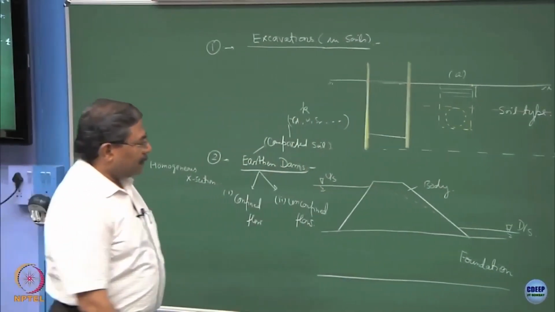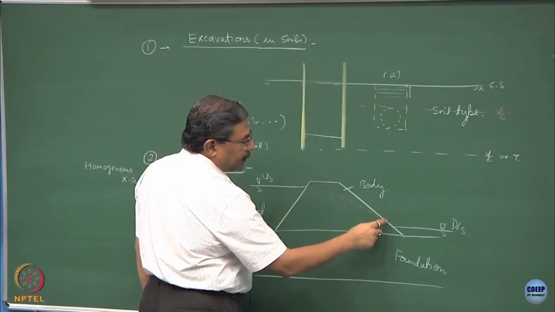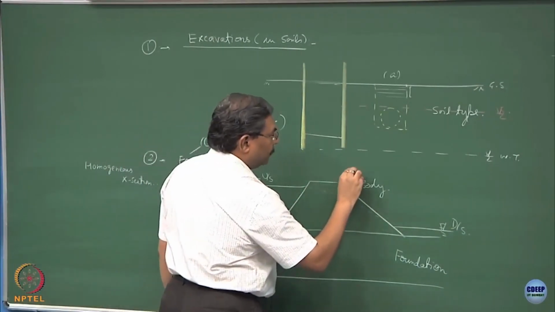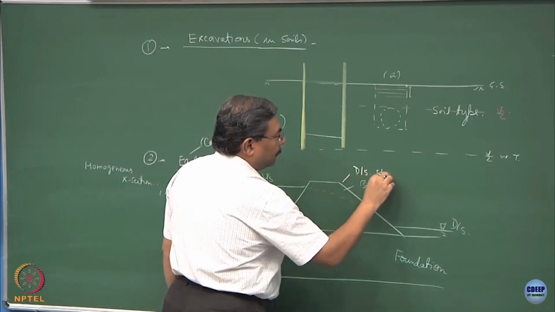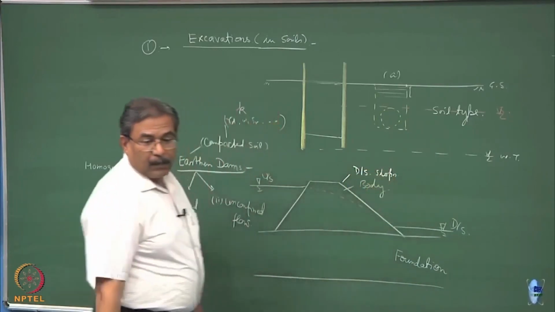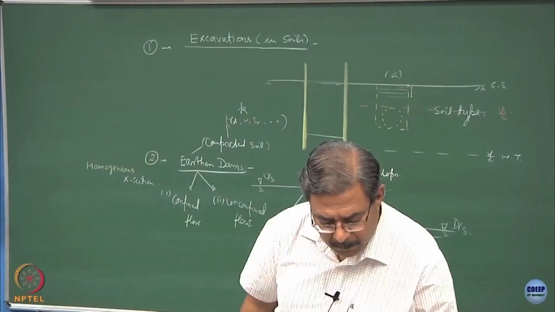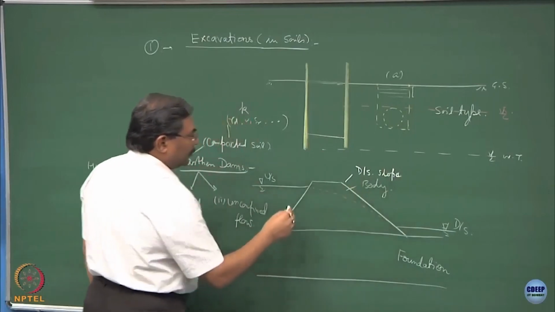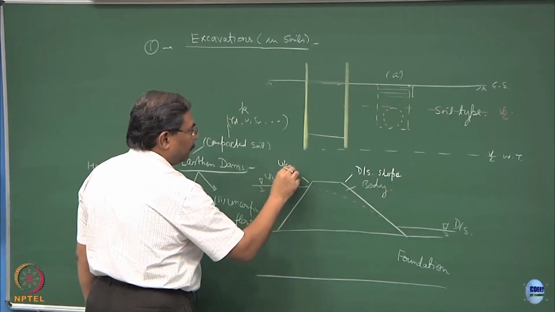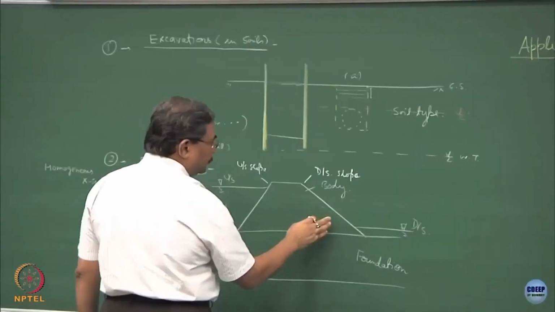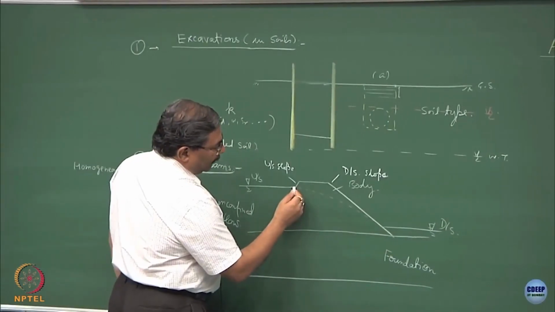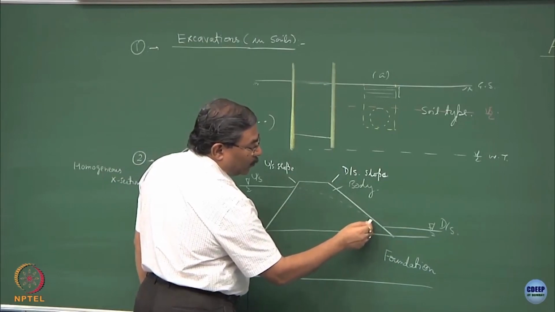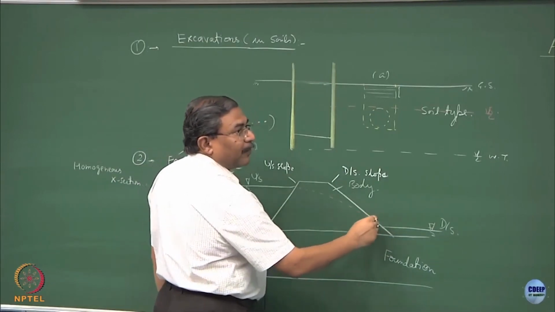I am sure you will realize the moment the seepage line comes and hits the downstream slope, this slope is known as downstream slope and this one is known as upstream slope. So, as you see, the moment this top line, phreatic line, comes and hits over here, there could be some erosion which might start from this point.